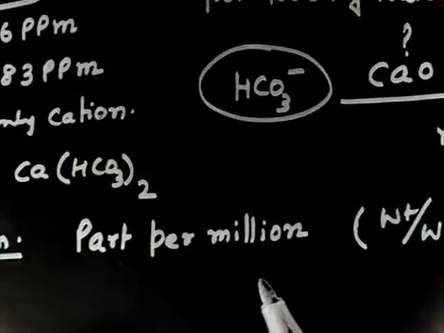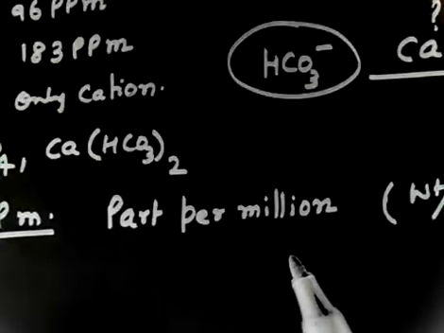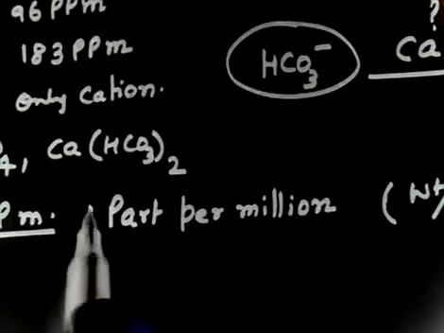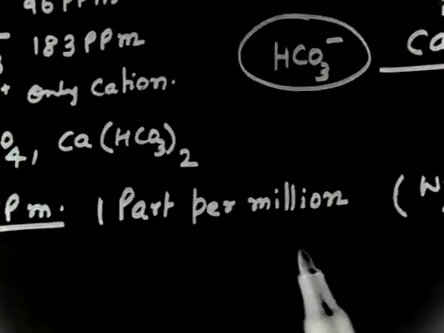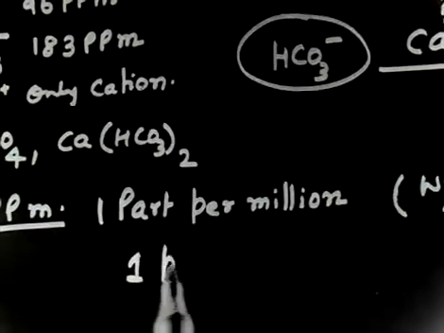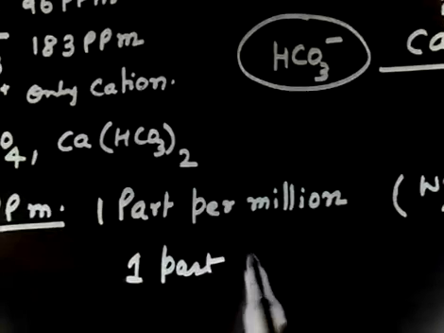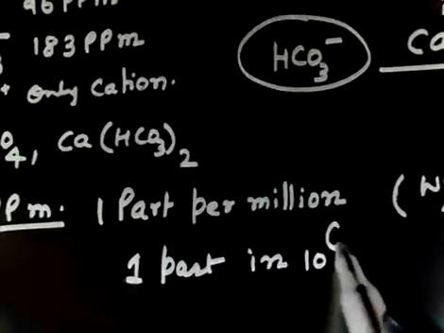Per million means 10 to the power 6. So one part in 10 to the power 6 parts.